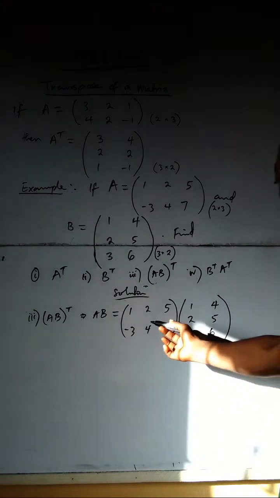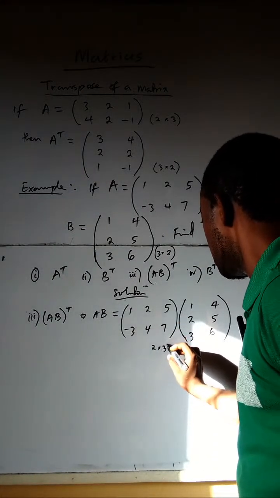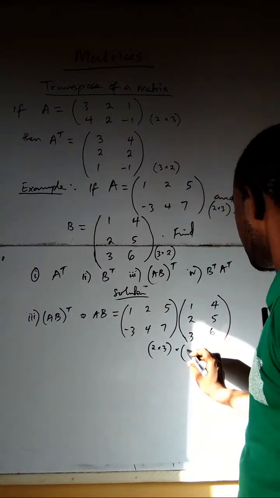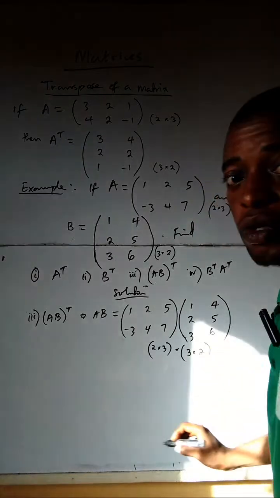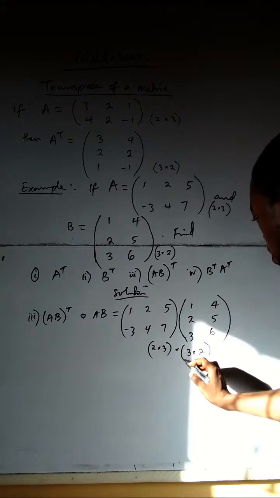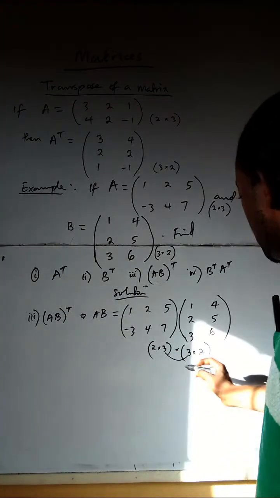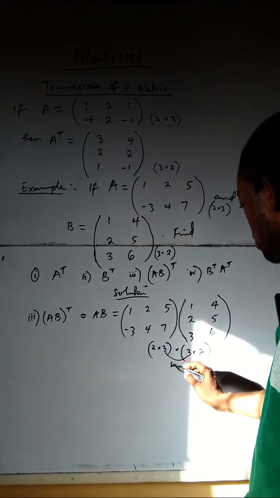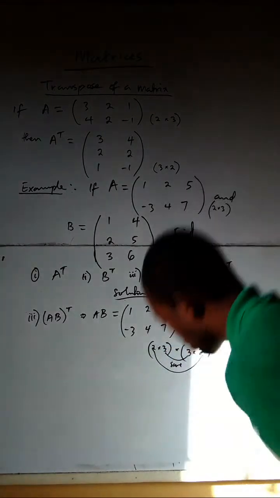From here, of course, this matrix A is a 2 by 3 matrix. Then matrix B is a 3 by 2 matrix. And when we check here, the column here and the row here are the same. So this implies that since these are the same, we can go ahead with the multiplication, and the result will give us a 2 by 2 matrix.